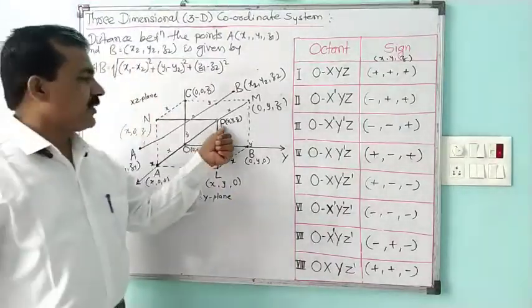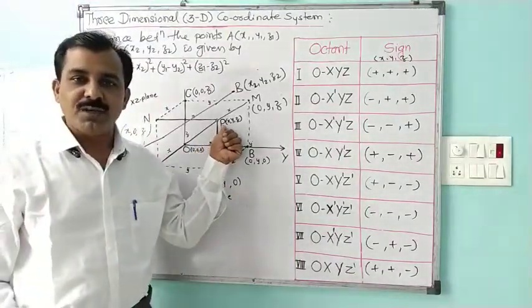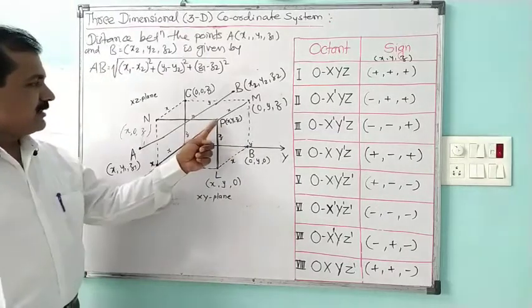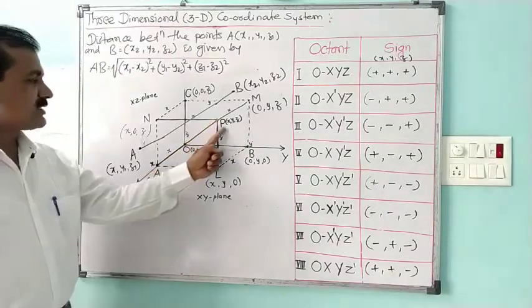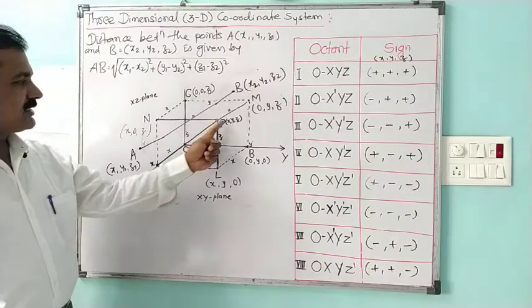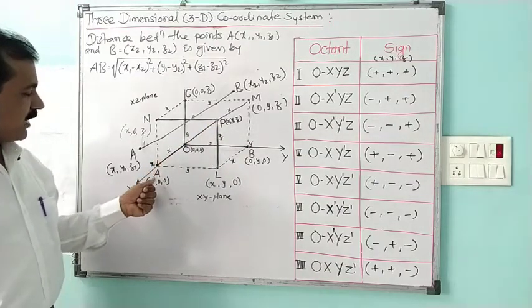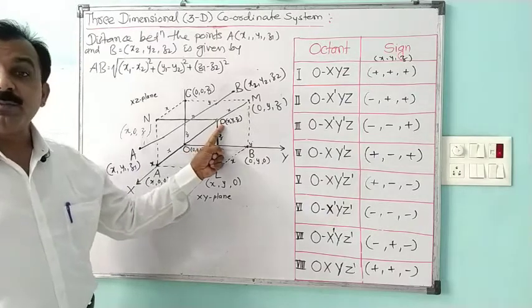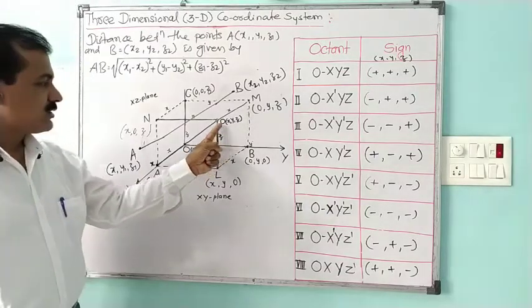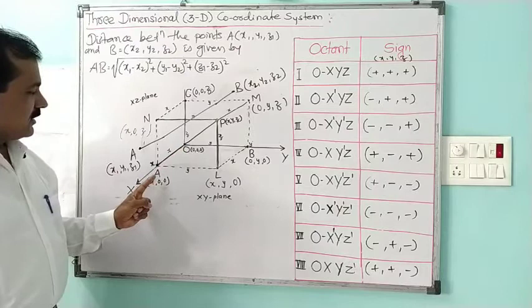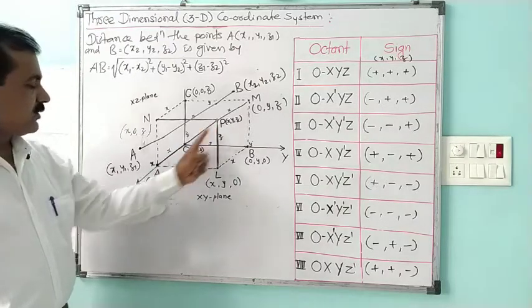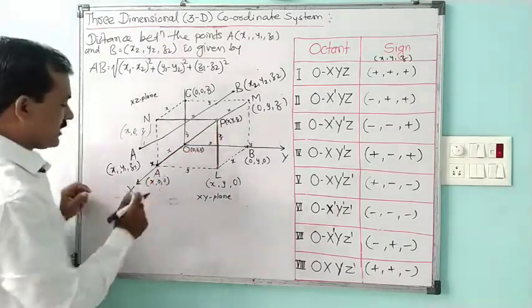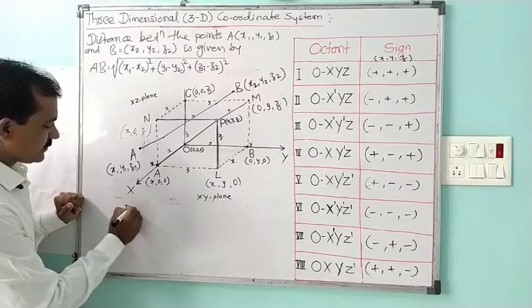If I consider the point P and want the distance of P from the x-axis, then the distance from A to P will be the perpendicular distance, and we want to get it using the coordinates of these 2 points.